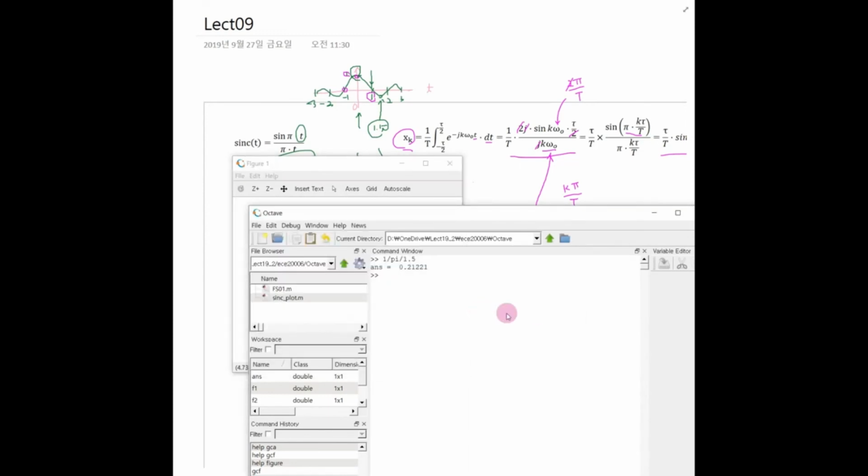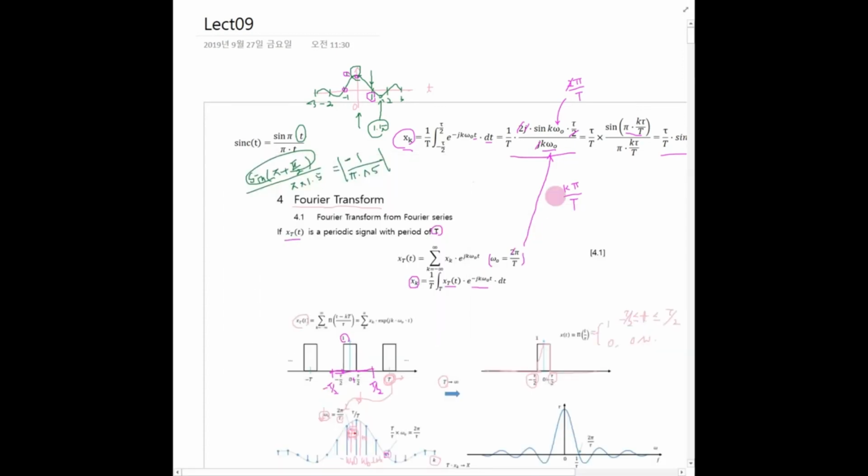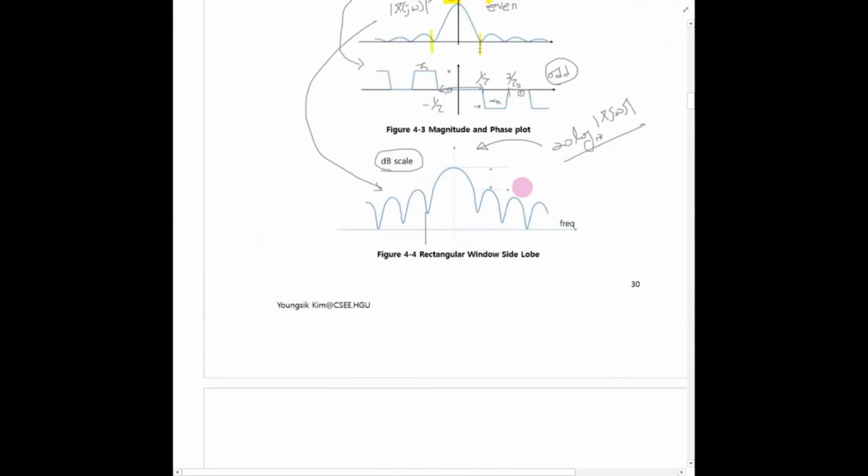Then by taking the dB scale, 20 times log 10 of 0.2122, this is minus 13.45, about minus 13.5. That's the dB scale value of this one.